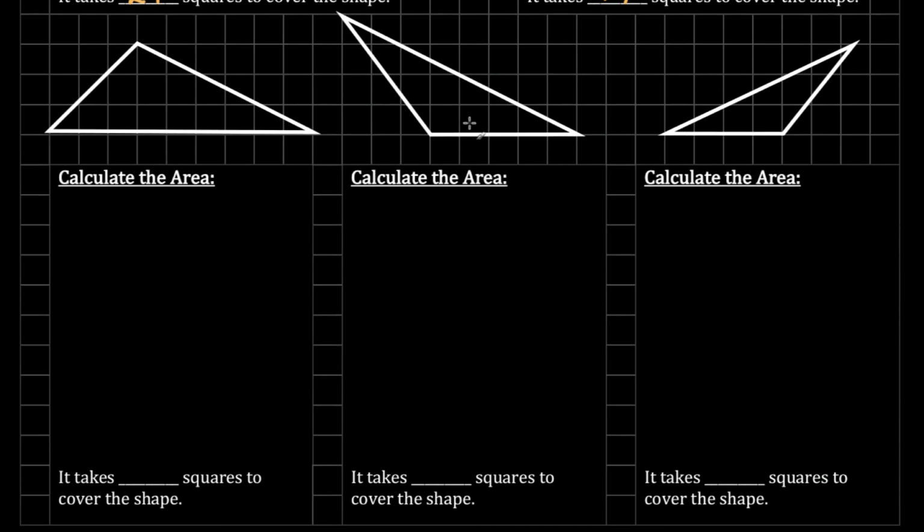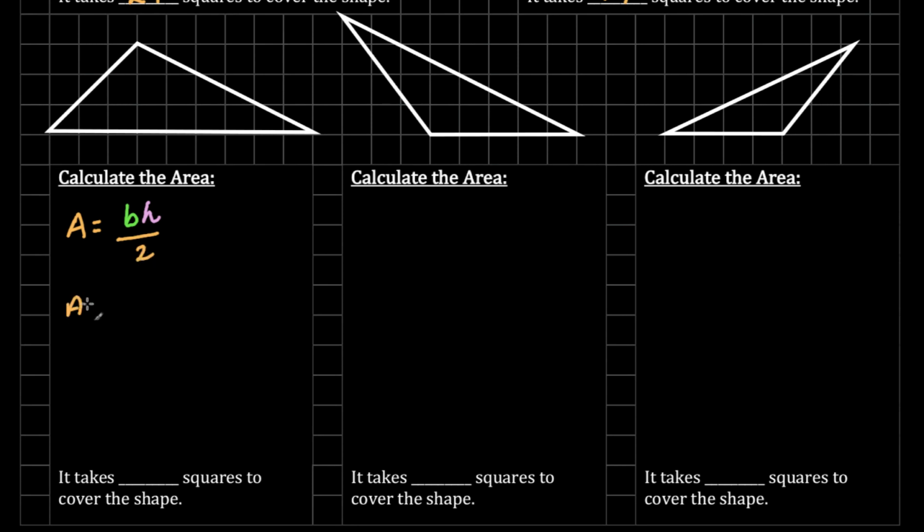I'm going to show you some more triangles. I'll show you one whole one, and then I'll show you what's useful for the other two. I'm going to show you this way of writing the triangle area: base times height, divided by 2. Some people prefer this way.